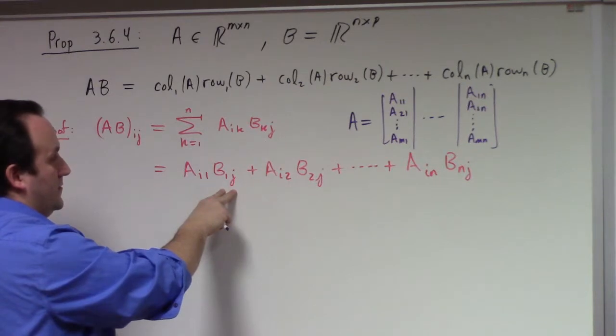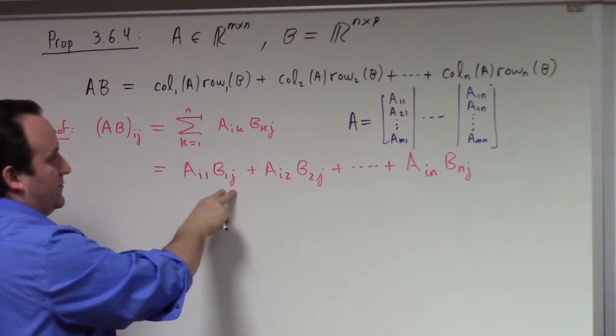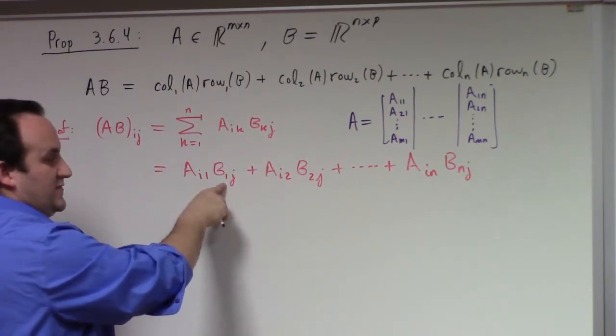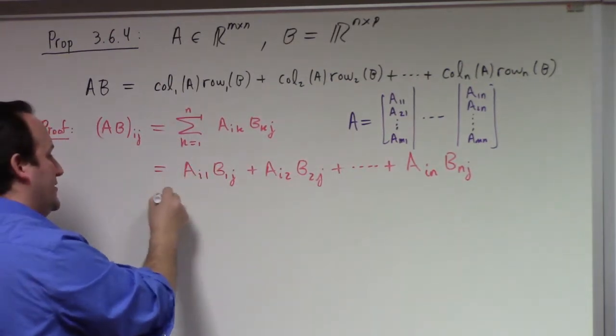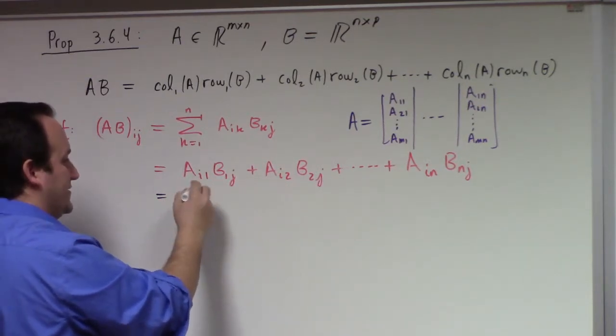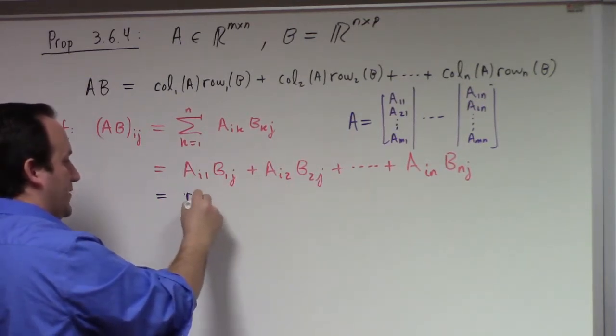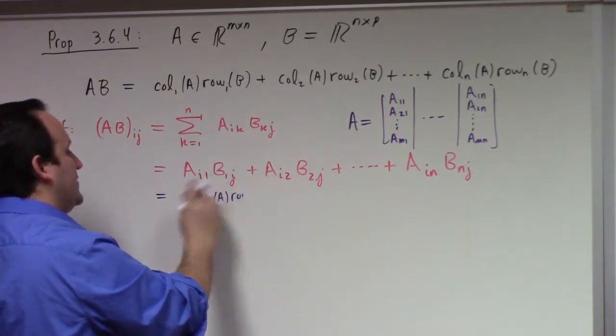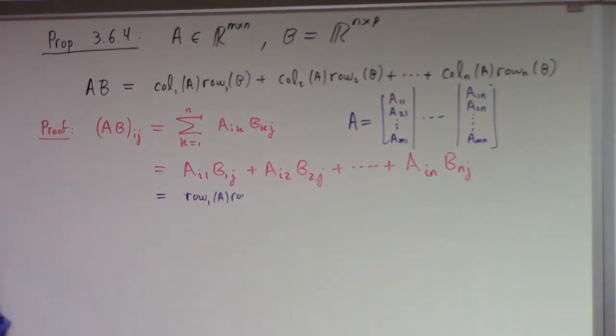The j, times row 1 of B, if the 1 is fixed. The point is that I'm having trouble making the obvious step. Words are hard for me today. Let's try this again.